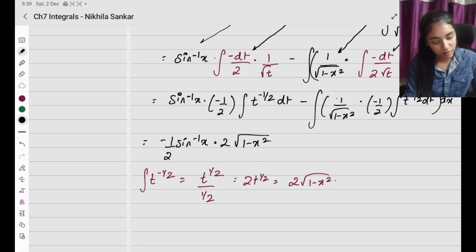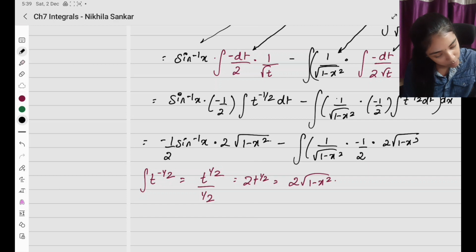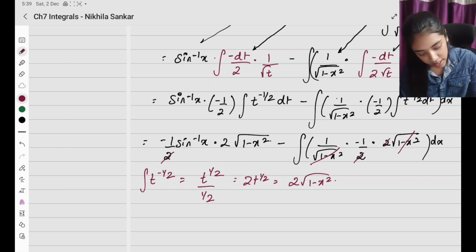Substituting the value of t directly, minus integral of what is inside: 1 by square root of 1 minus x square times minus 1 by 2 times 2 times square root of 1 minus x square times dx. So you see that square root of 1 minus x square gets cancelled, the 2 and the 2 get cancelled. So what do I have in the end?